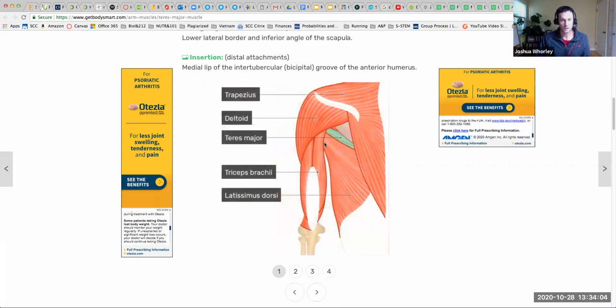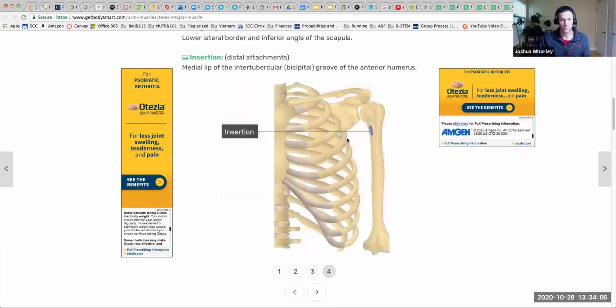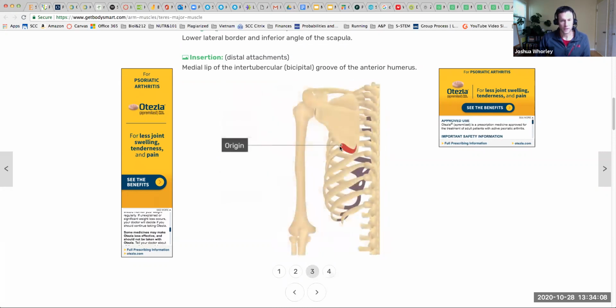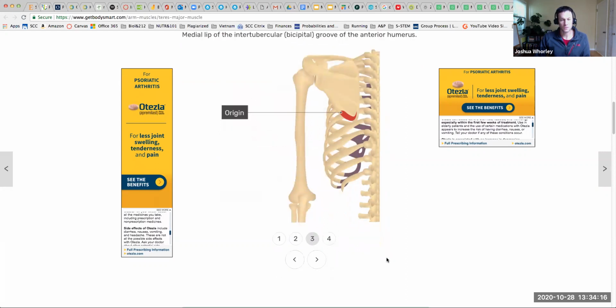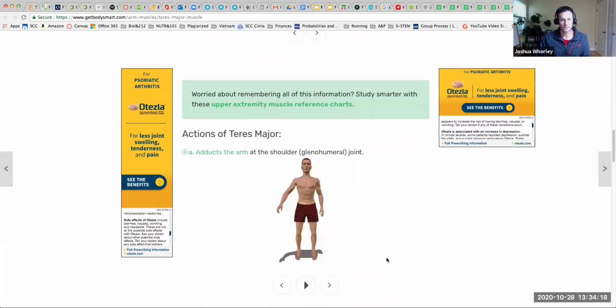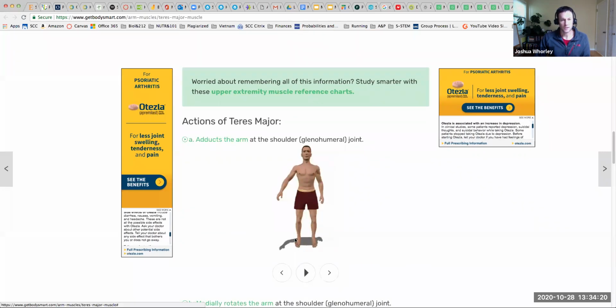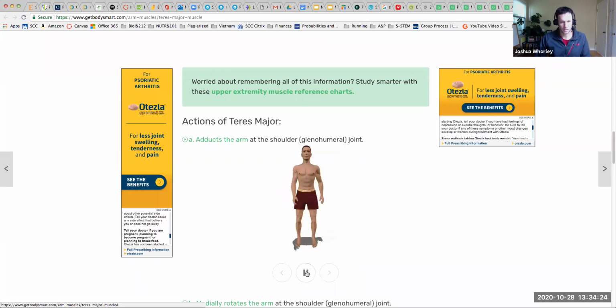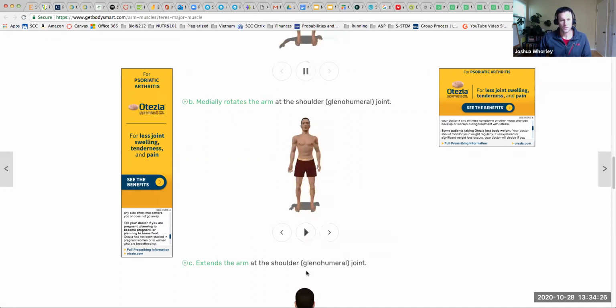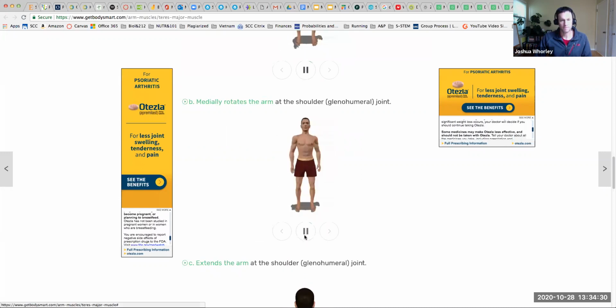So again, this is another one that wraps around from back to front, right? So wrapping around from the back over here to the front. So you can guess when it contracts, it's going to be medially rotating this humerus again. So its action, there's going to be a few. Certainly, if the arm is out, it can adduct the arm. It contributes to that, but it's also a major medial rotator of the arm, right?